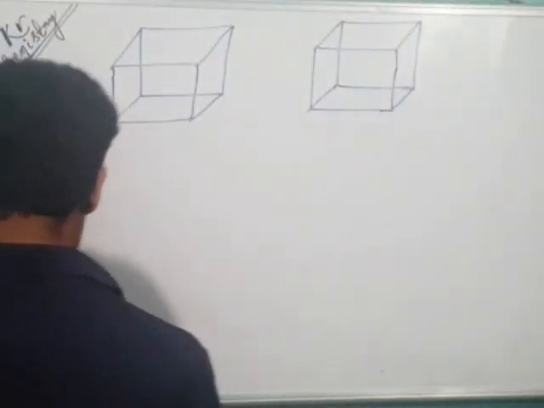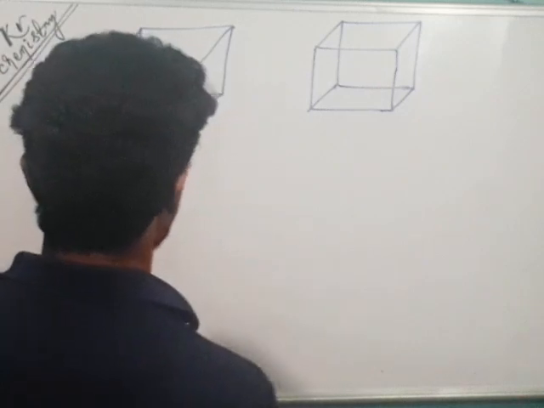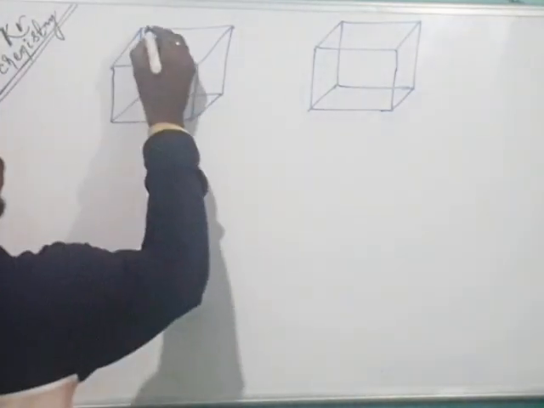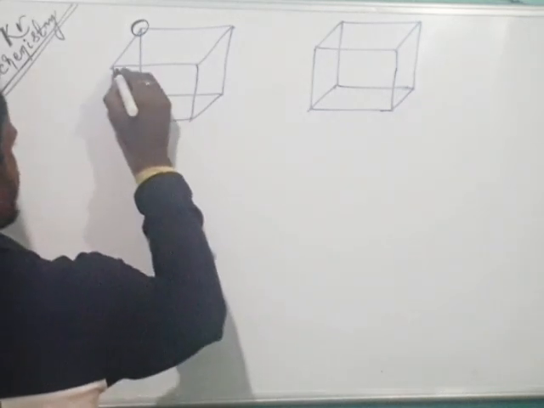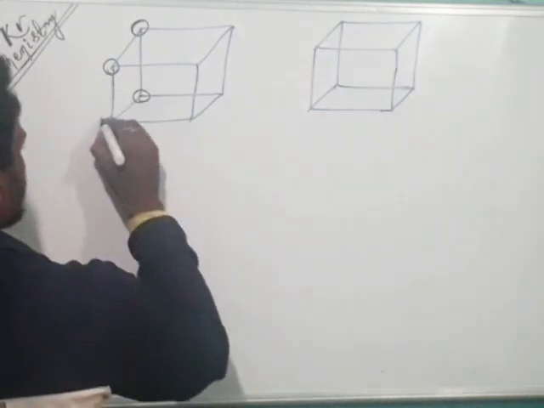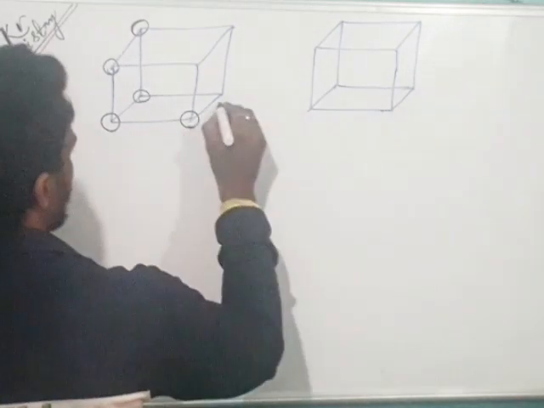For simple cubic crystal, this one is a unit cell, every corner contains an atom.